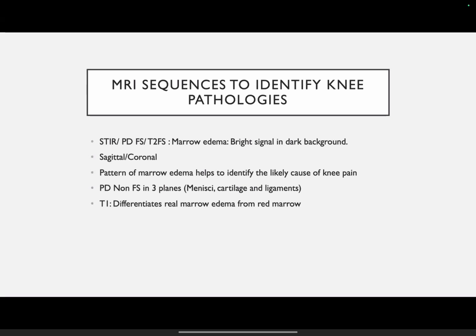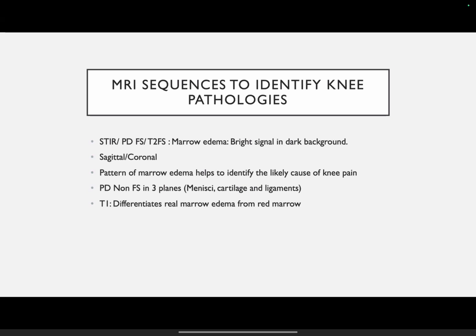STIR, proton density fat sat, or T2 fat sat images are the suitable fat saturated images, and you should acquire whichever suits your system. They can be acquired in sagittal and coronal planes, and the pattern of bone marrow edema helps to identify the cause of pain.